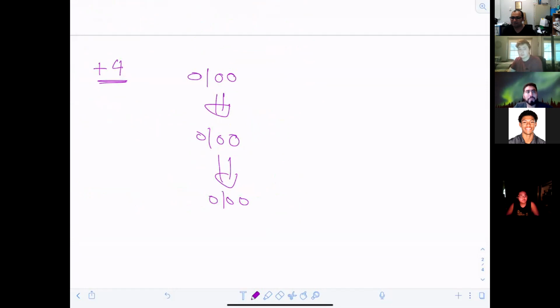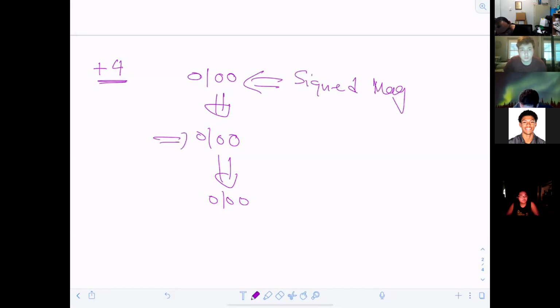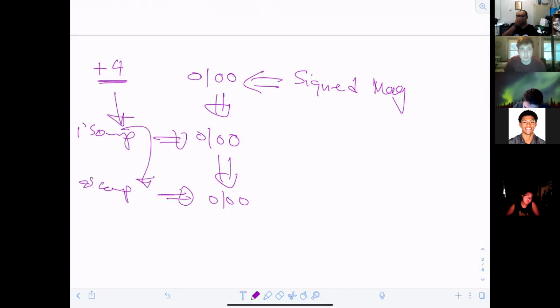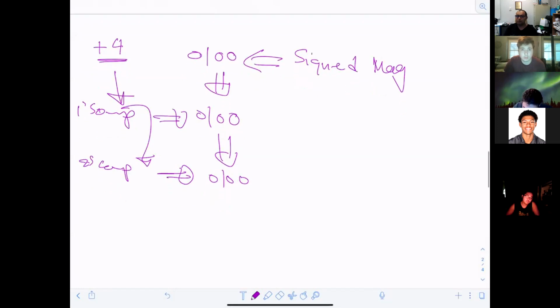Make sense? So this is sign magnitude. This is the one's complement of +4, and this is the two's complement of the +4 as well. Is it clear for everybody? Yes, Marvin? Super. Okay.